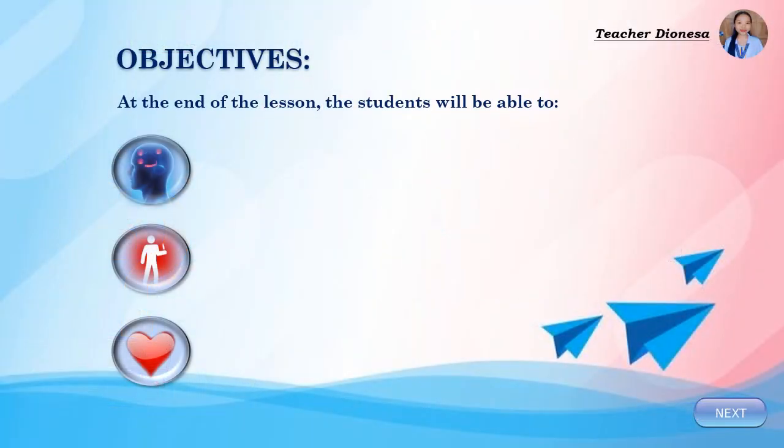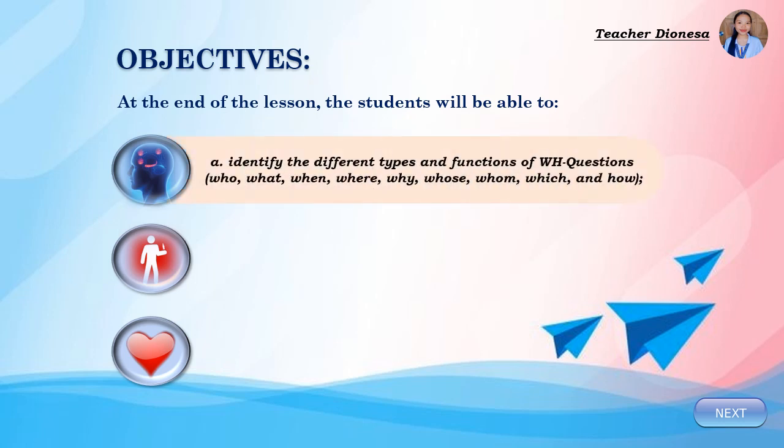But before that, allow me to present the objectives. At the end of the lesson, you, the grade 7 students, will be able to identify the different types and functions of WH questions, such as who, what, when, where, why, whose, whom, which, and how.